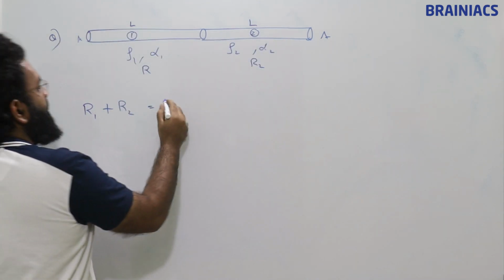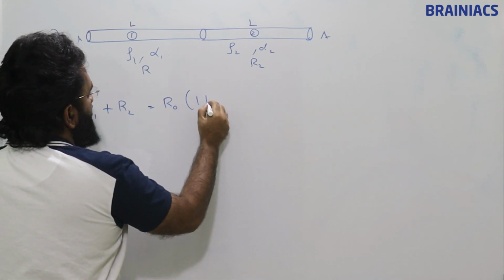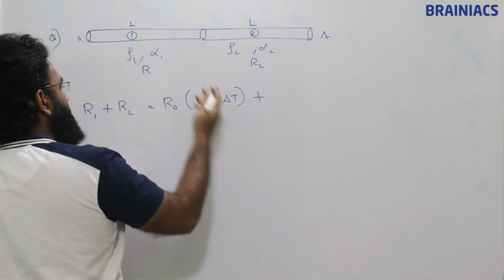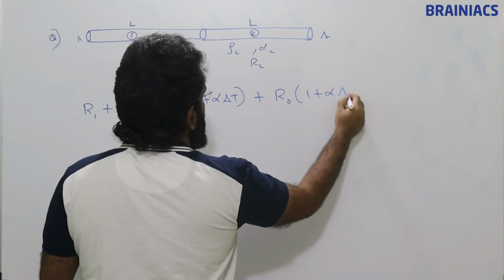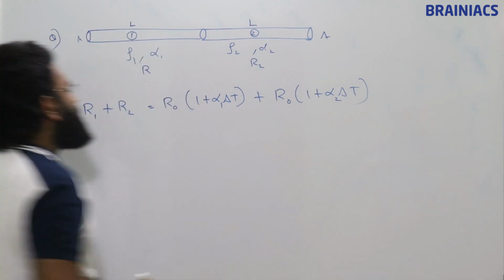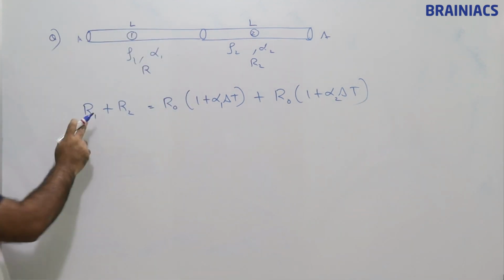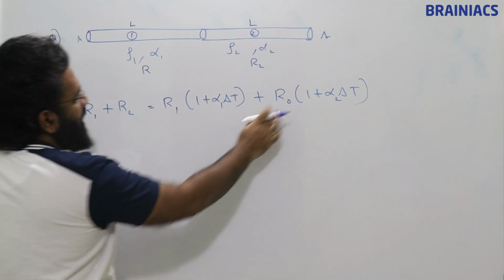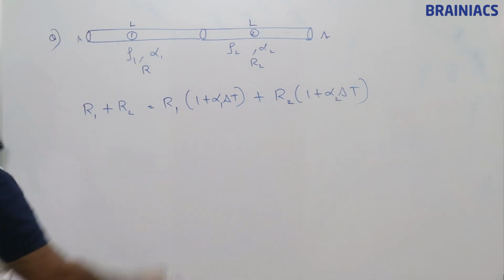This R1 will become R0 into 1 plus alpha delta T, plus again this will change R0 into 1 plus alpha delta T. This is alpha 1, this is alpha 2. Clear or what? So this was the initial resistance, this was the initial resistance. So we can put here R1 and this is R2. Nothing wrong in that. This is how it is going to be.